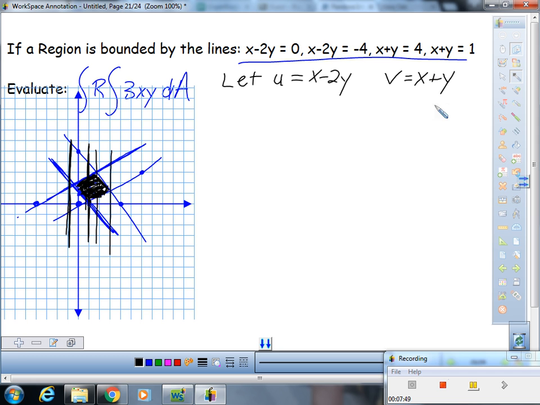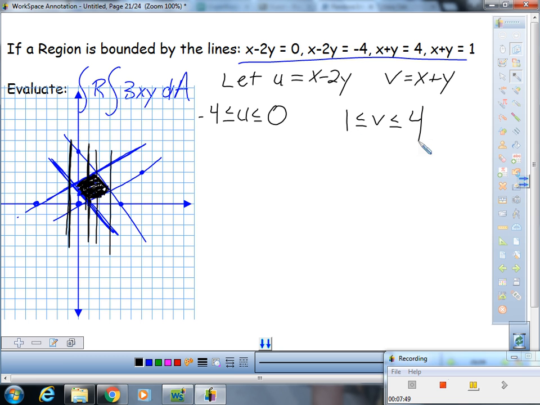Now look what that just did for us. Our u from this equation is going from -4 to 0. Do you see that? And what's our v doing? It's going from 1 to 4.